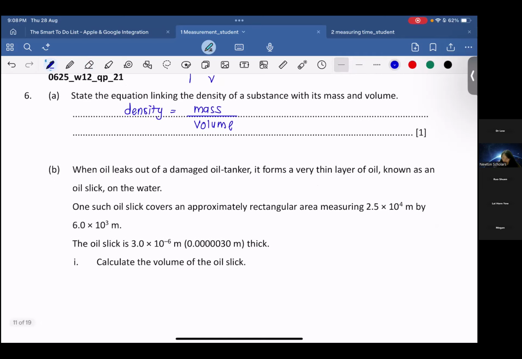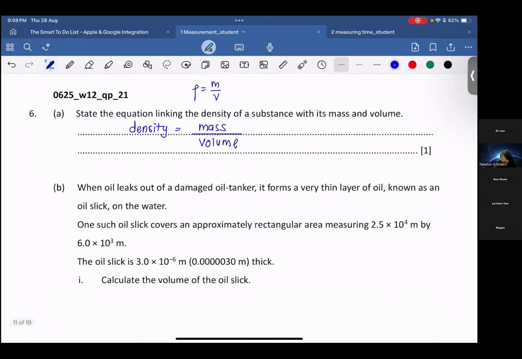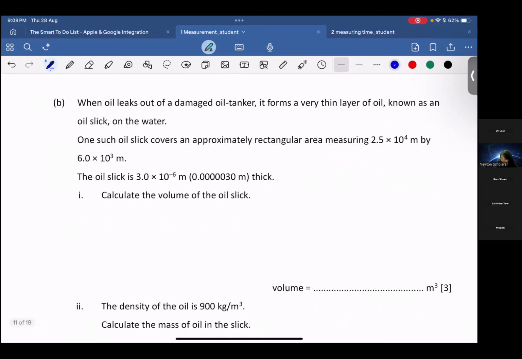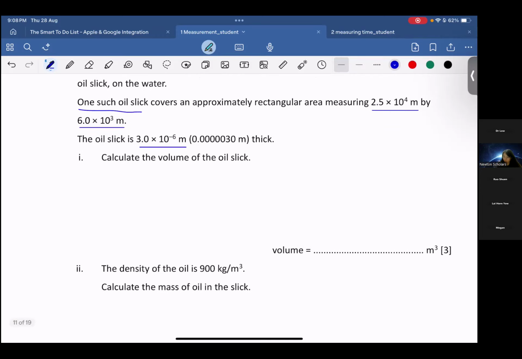Okay, boys and girls, we look at the B question. When oil leaks out, it forms a very thin layer of oil on the water. The oil slick covers an area of 2.5 times 10 power 4 by 6 times 10 power 3. Then the thickness is 3.0 times 10 power of negative 6. Can you calculate the volume?